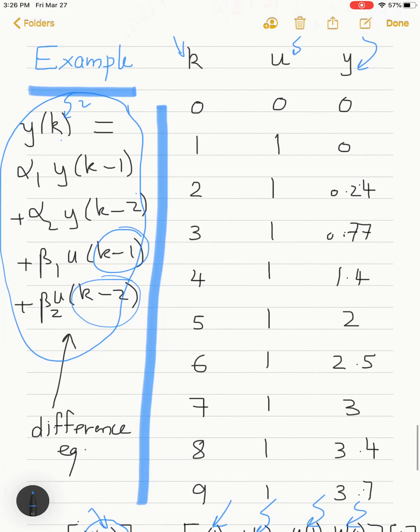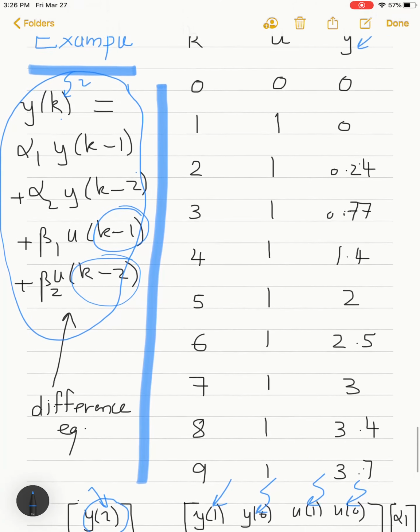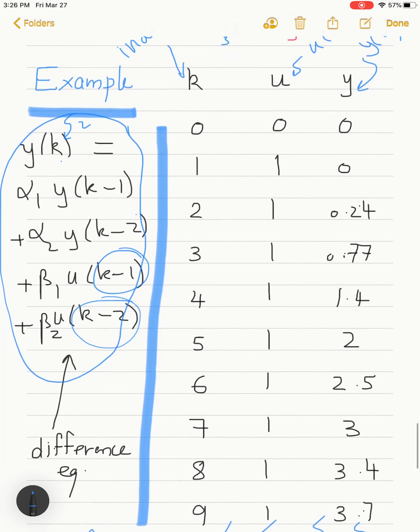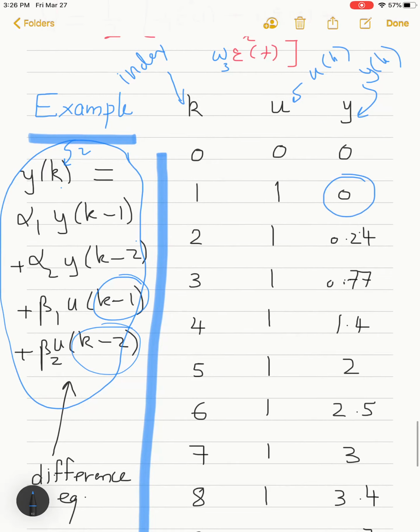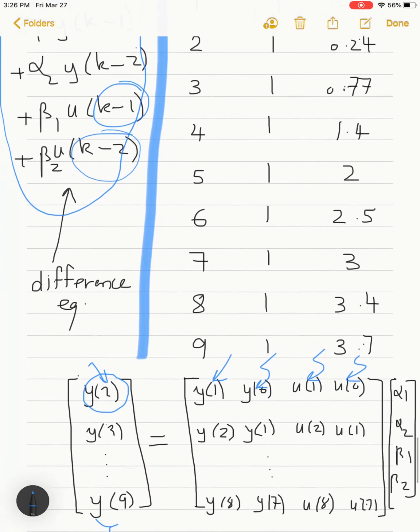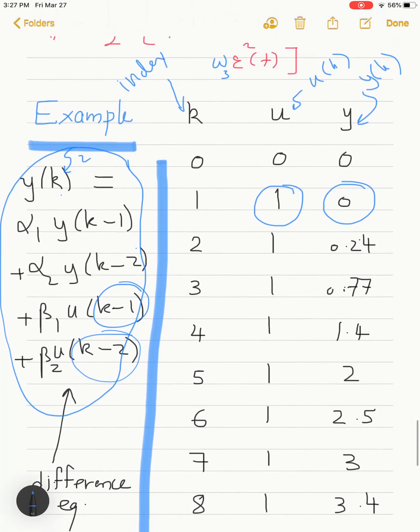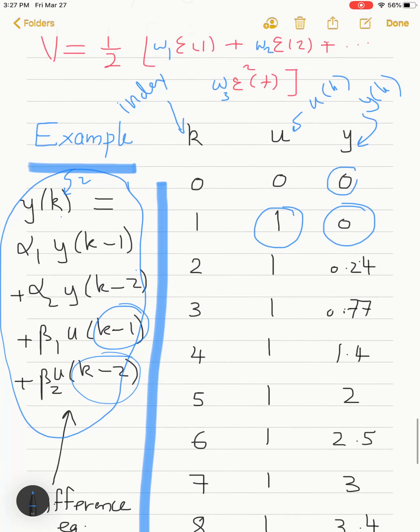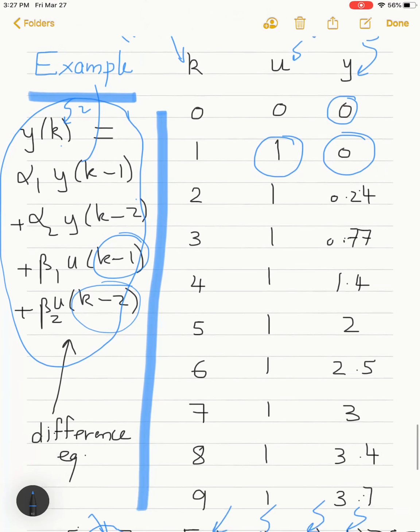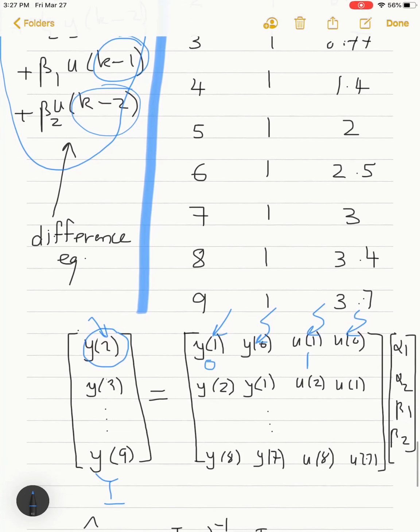So, for example, I need here y of 1, which is 0, and u of 1 is 1. So this would be 0, and this would be 1. I need also y of 0, which is 0, and u of 0, which is 0. So I will have here 2 zeros.